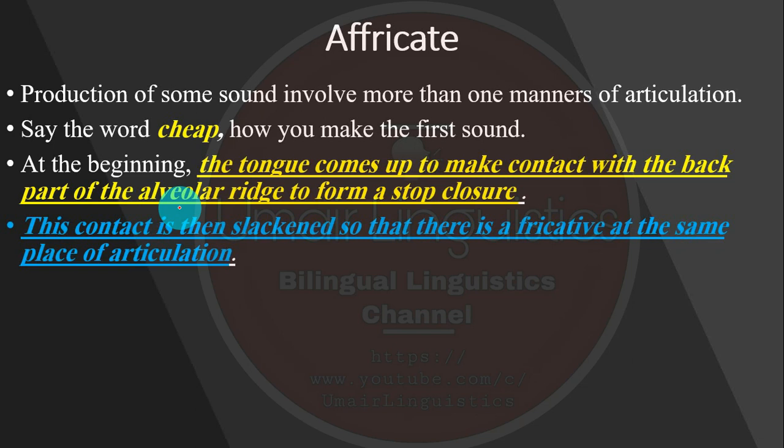We do not form a stop closure constantly or for a long time while producing the beginning sound of cheap, which is shown by this symbol ch. So first of all we have closure, then the contact is slackened, and at the same time we produce a fricative at the same place of articulation, ch.